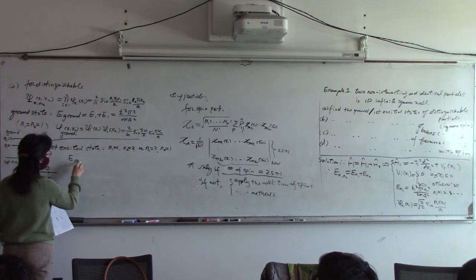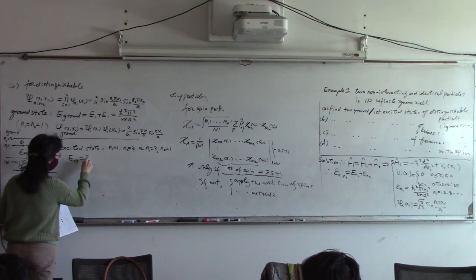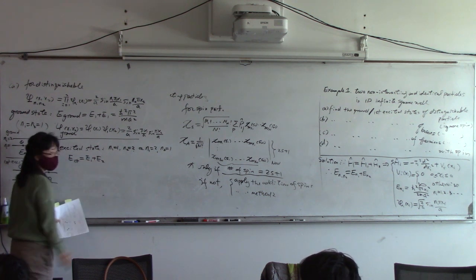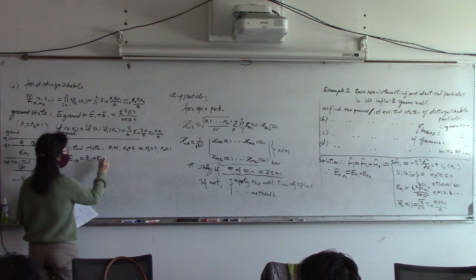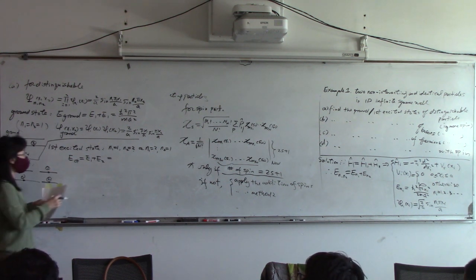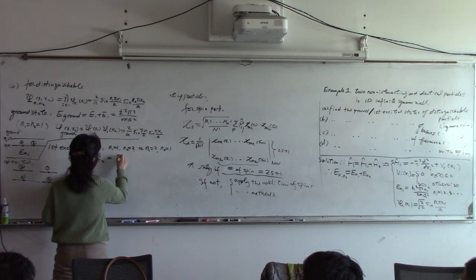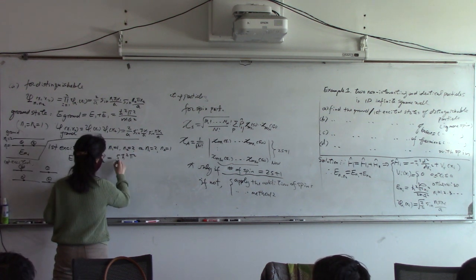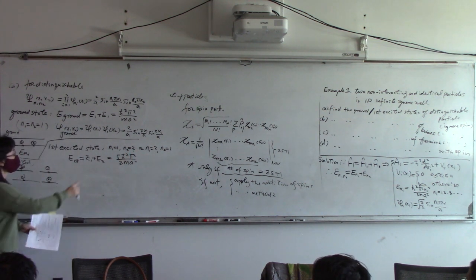Since we know this, let's look at the energy. The energy of the first excited state is equal to E1 plus E2, with n1 equal to 1 and n2 equal to 2, or n1 equal to 2 and n2 equal to 1. So that is 5ħ²π²/(2ma²). So you can see the degeneracy, right? That is its energy for both.